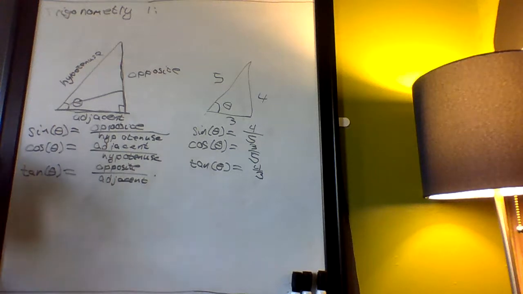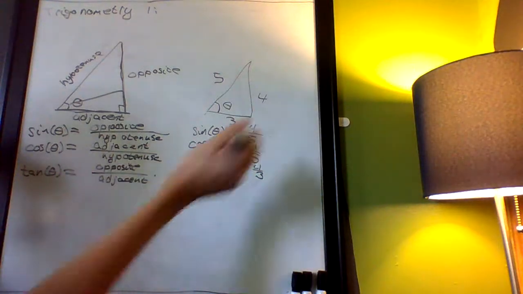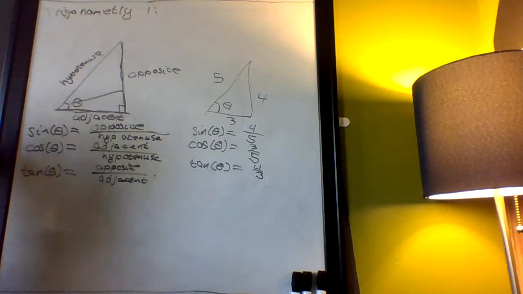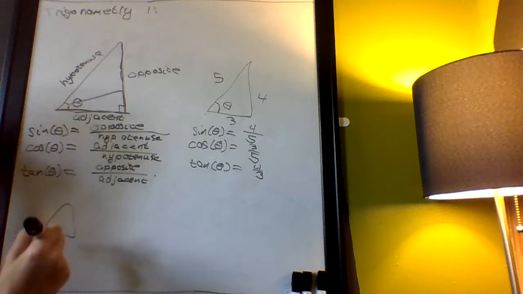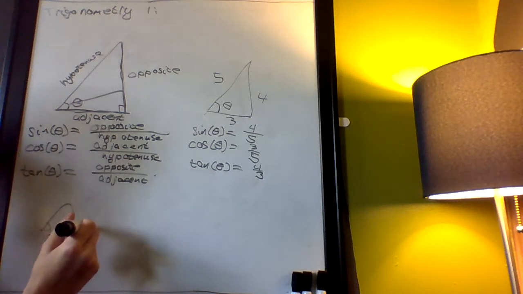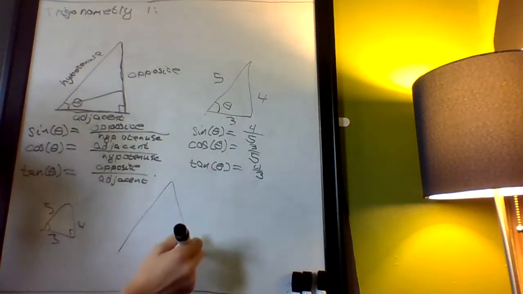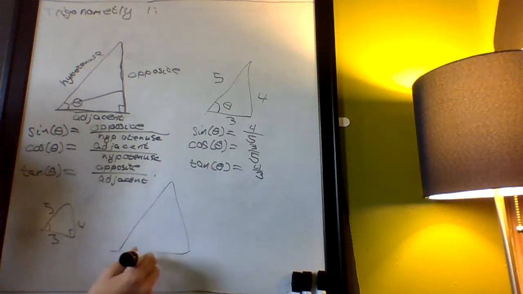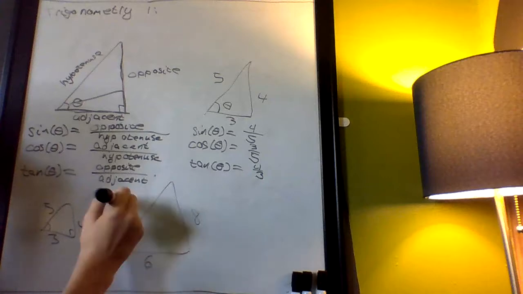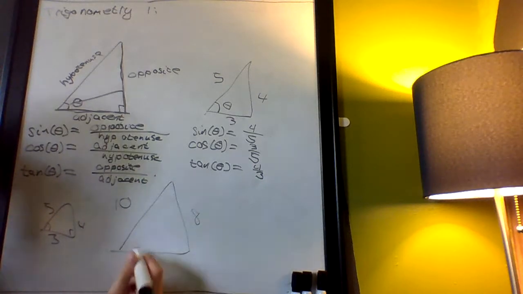Now, looking at all this, what does any of it mean? What is theta then? We don't know. Well, as long as we know the ratios, we know the angle. So if I have a 3 by 4 by 5 right angle triangle, and I scale it up to a 6 by 8 by 10 right angle triangle, this angle right here is still theta.